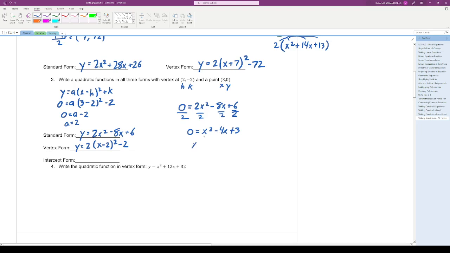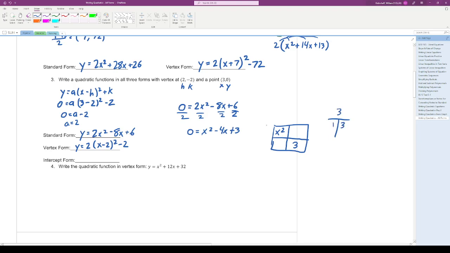I guess, since a is 1, I can kind of skip to the answer, but a is not always 1, so let's do all the actual steps. So I'm going to draw the area model here, and we have x squared, and we have 3, and then we're trying to make -4x, and I find that my factors that do that are 1 and 3.